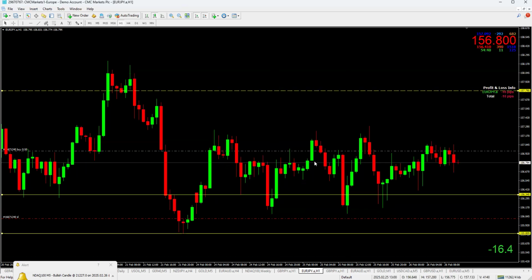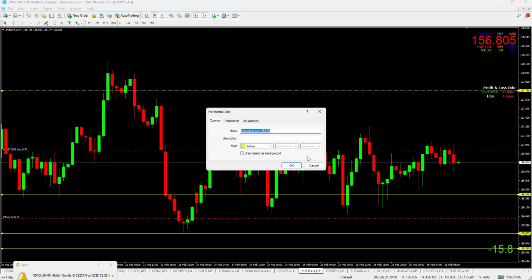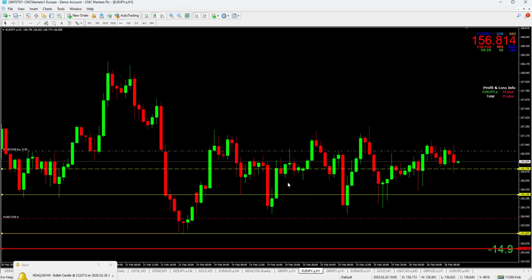Why? If you enter far away from the range, because your stop loss is going to be on the other side, the red candle, your stop loss is going to be too big. Your risk to reward should be good. So if you entered when it broke out and closed here, your stop loss is going to be like 111 pips, 110 pips.